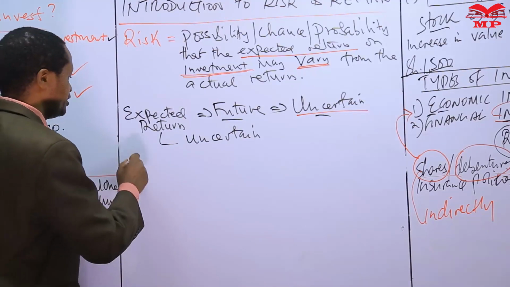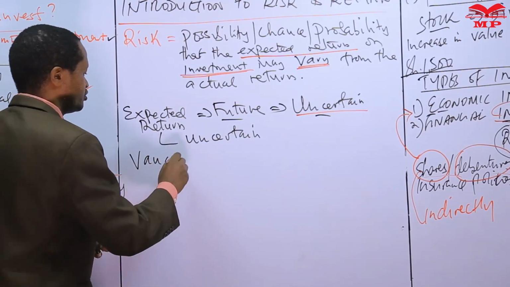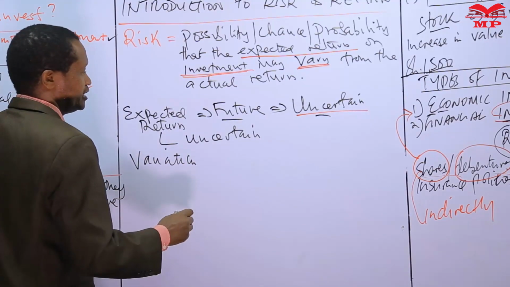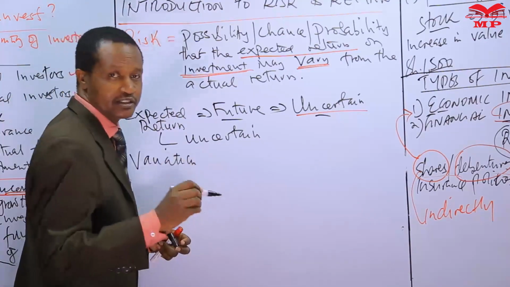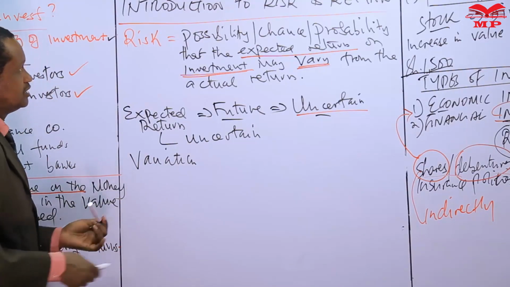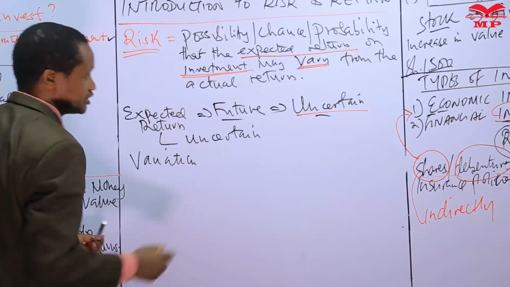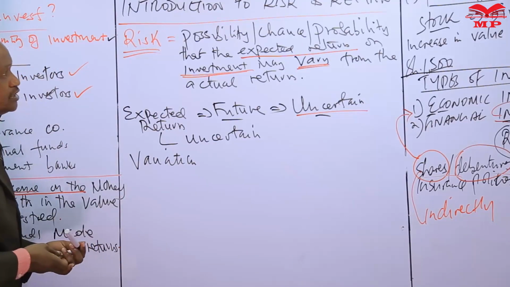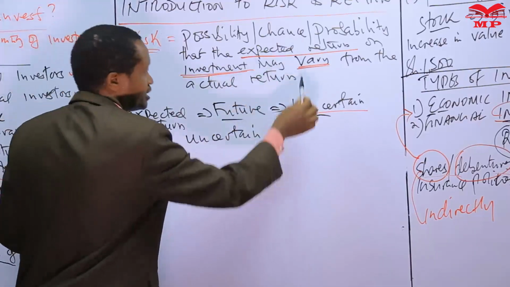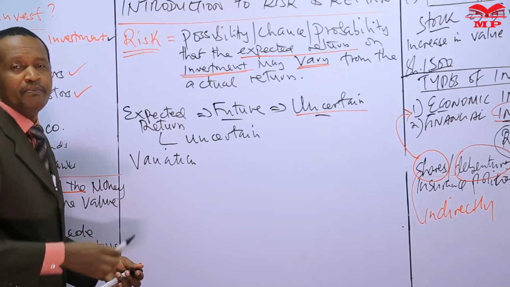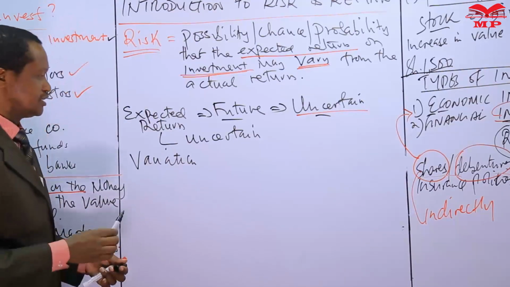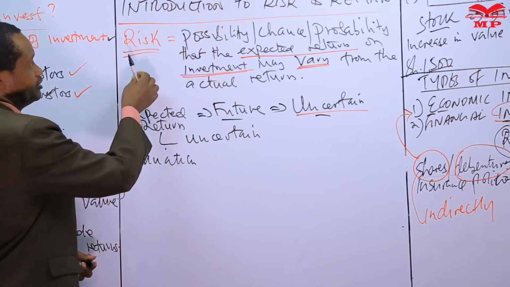There may be variation. And this variation in the expected return is what we are referring to as risk. This is what we are calling risk. Risk is a possibility or probability that the expected return on investment may vary from the actual return. This is the meaning of risk.